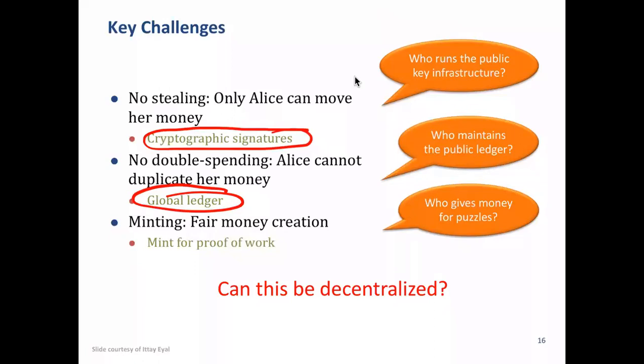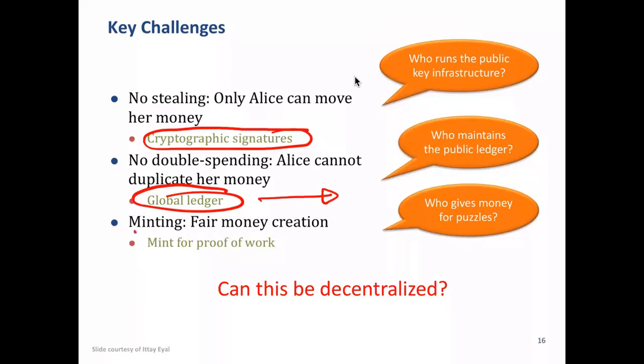They all know that I have 10 bitcoins and I am sending 9 bitcoins to you and 5 bitcoins to somebody else, and all these transactions go to a public ledger visible to all, and everyone has a copy of that ledger. Then they can always see that I cannot spend more than I have. So double spending is solved by having a public ledger, which we call a blockchain.